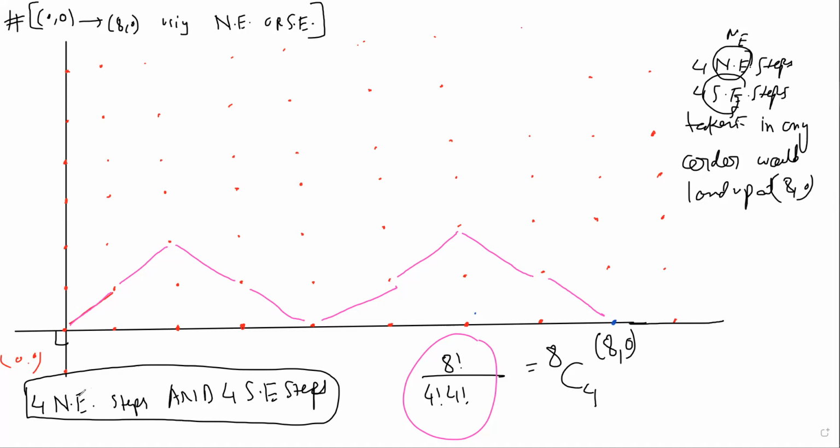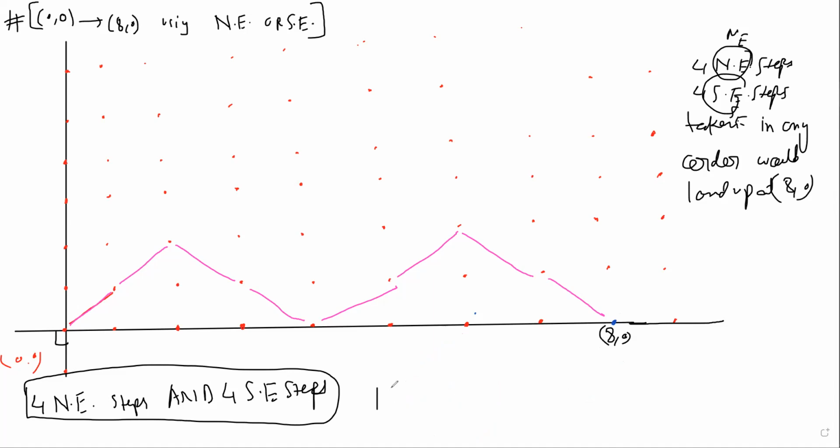Every path will be composed of some northeast steps and some southeast steps. So given a path, that will give you a sequence of northeast and southeast steps. What sequence will you get for this particular path? Yes, right, just simple, that's right. You get this, and then again northeast. You just write in short form what we say in full. And that's it. That's all this question is about.